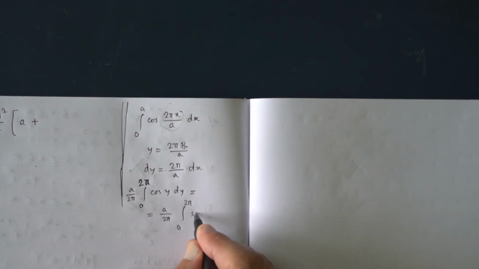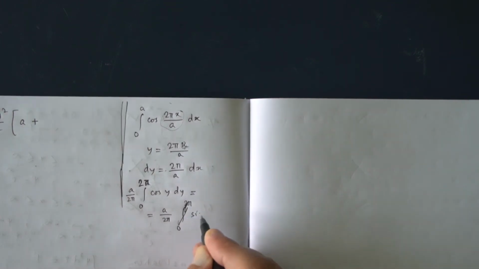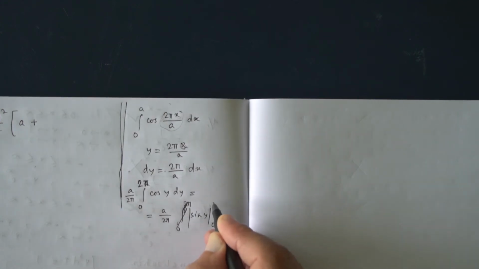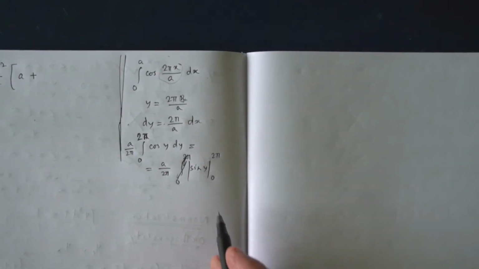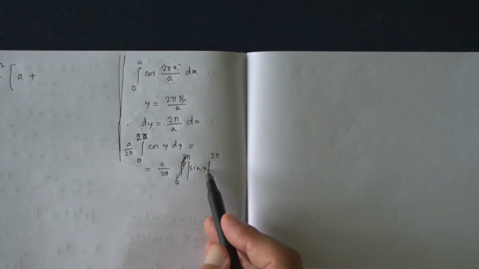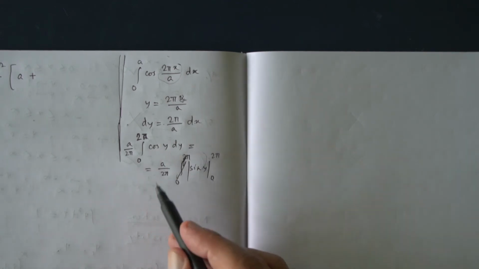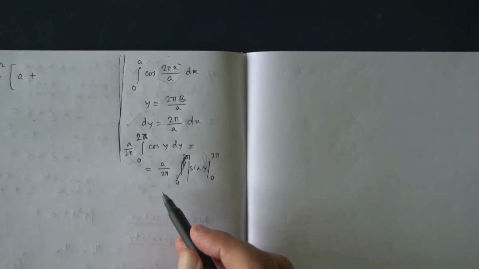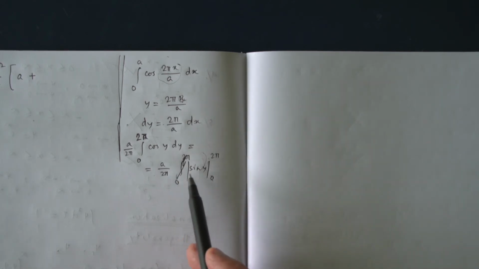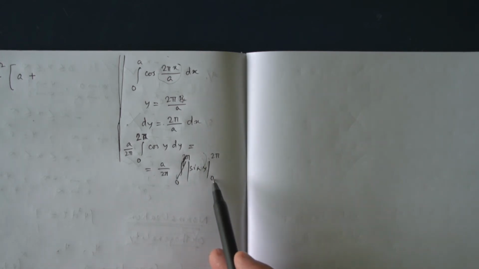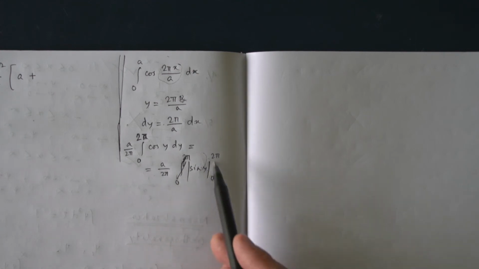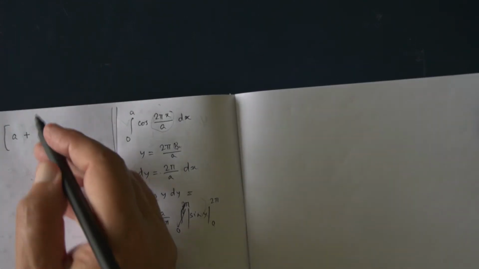Now you see, sine 2 pi equal to 0, sine 0 equal to 0, so this whole thing will become 0.